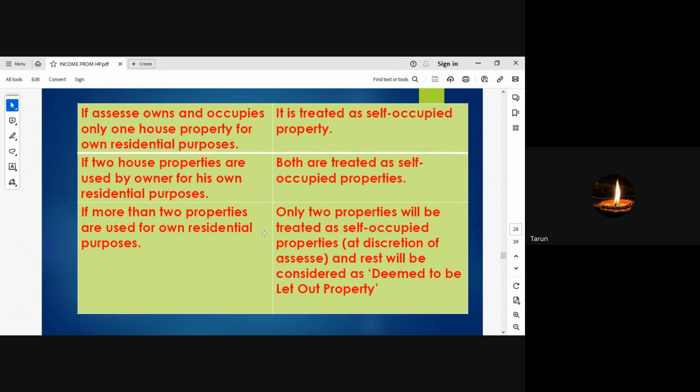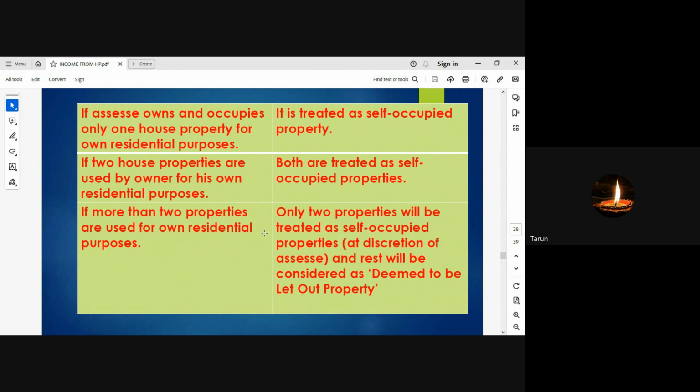Next point: if two house properties are used by the owner for his own residential purposes, both are treated as self-occupied property.